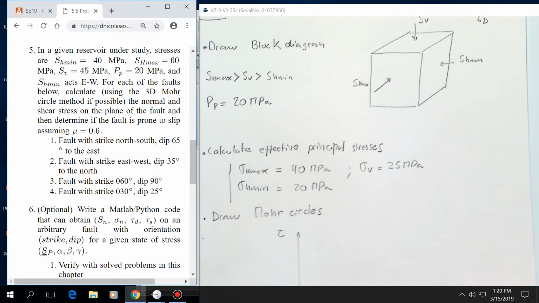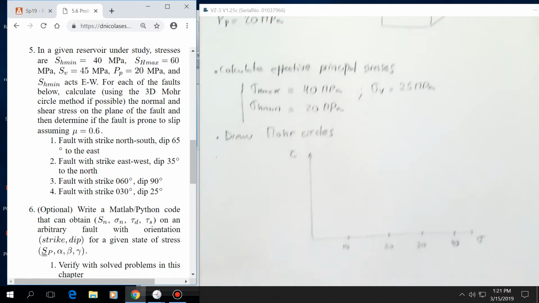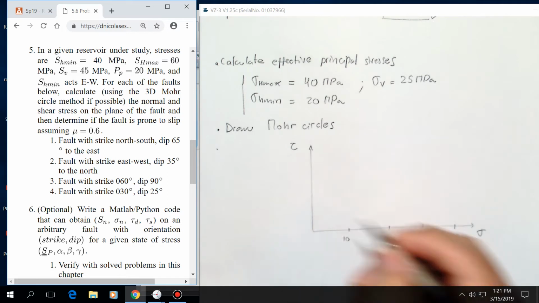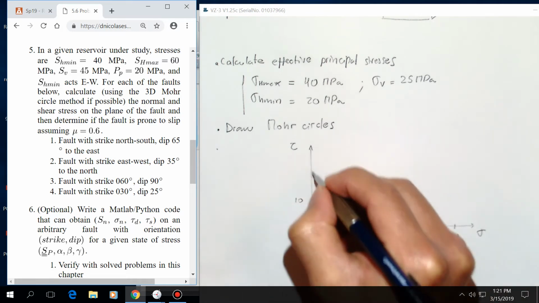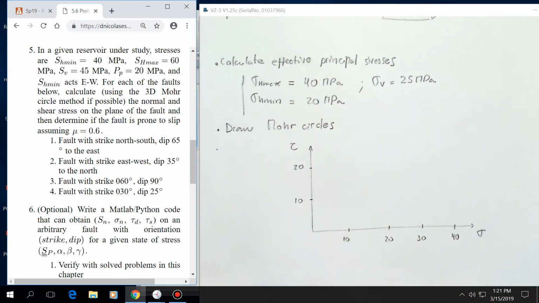But this is more or less like this: 40, 20, 10, 30, and 40. And therefore this should be 10, 20.